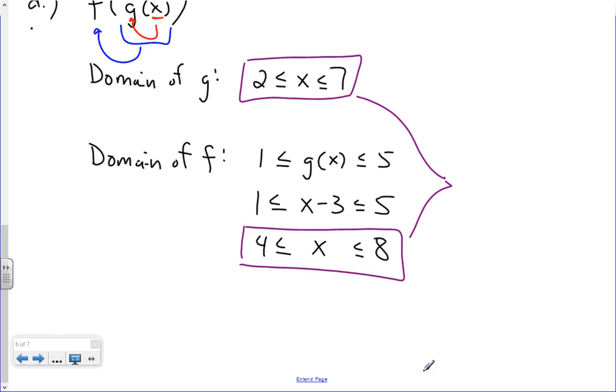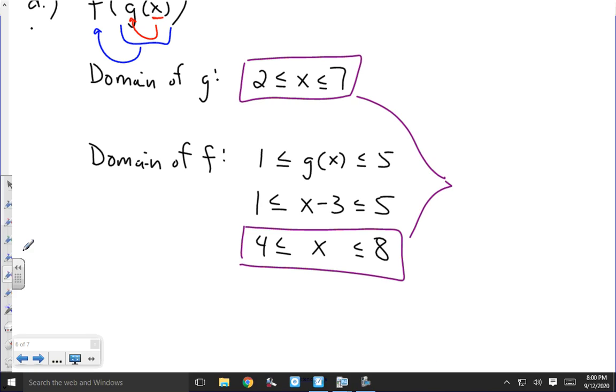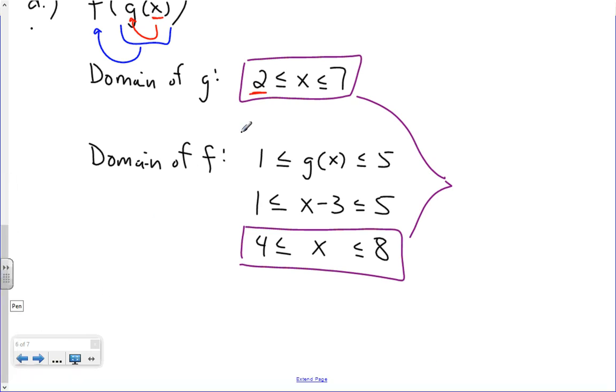There's a couple ways you can think about this. You could graph these on a number line and find where they overlap, from 2 to 7 versus 4 to 8. What's the overlap? Or the other way you can do this is look at the lower bounds, these two values here, and pick the bigger of those two numbers. That would be 4.